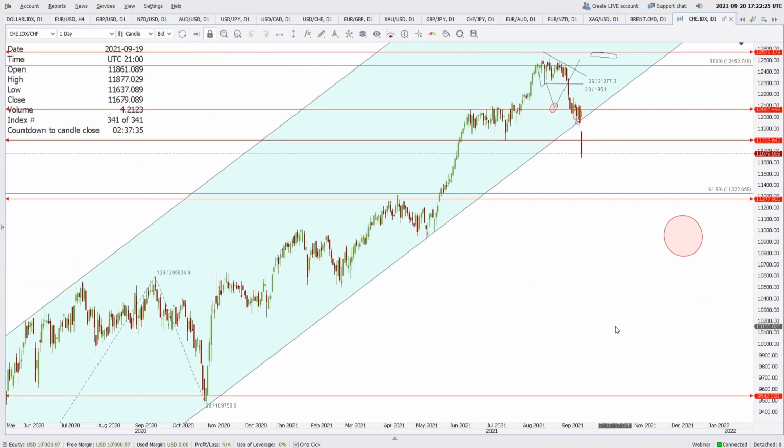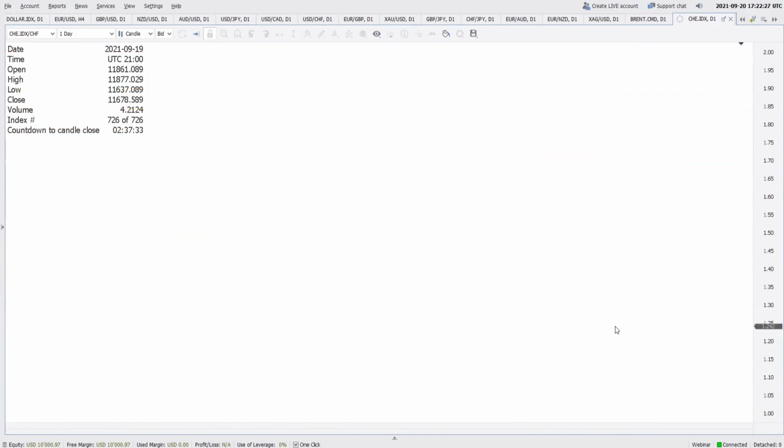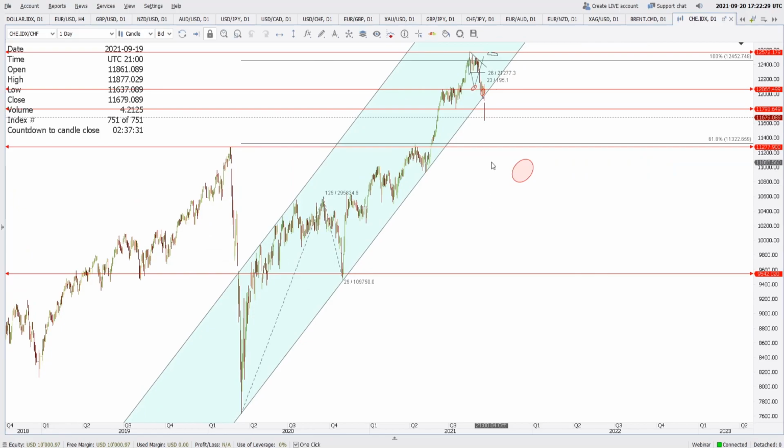So if there are any buyers in this market, I think they will be keeping their eyes on 11,277 now to open fresh buys. And if this level also doesn't hold, then the next level of support will ultimately be 9,542 for this market.